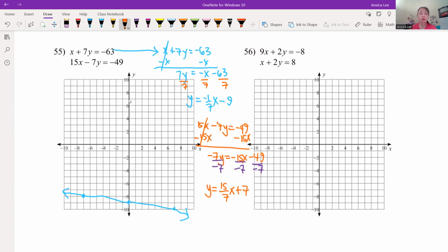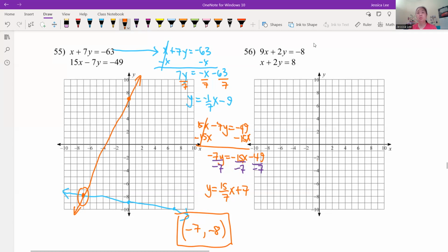I'm going to go up here to +7, and that's 15. I can't go 15 up, so I'm going to go 15 down. Then 7 across right here. That's the solution right there. So that's going to be -7, -8. Don't forget, you don't just graph it, because that's just the method to find your solution. Don't forget to write down the actual solution.